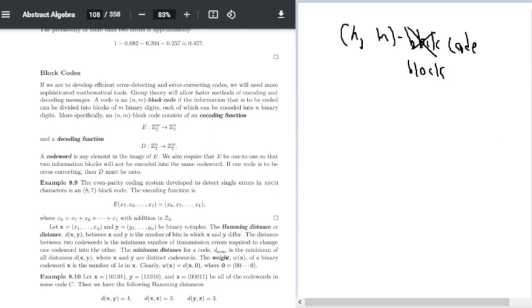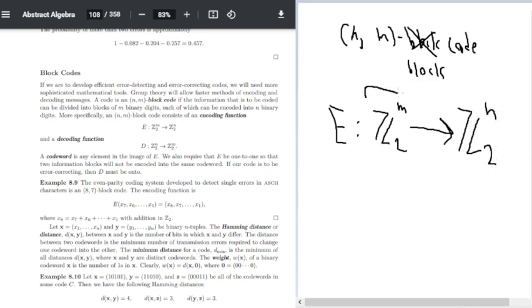An n,m block code consists of an encoding function, which takes some Z mod 2 to the m, an m-tuple, which we call each m-tuple a block. So it encodes a block, and brings it to Z mod 2 to the n.